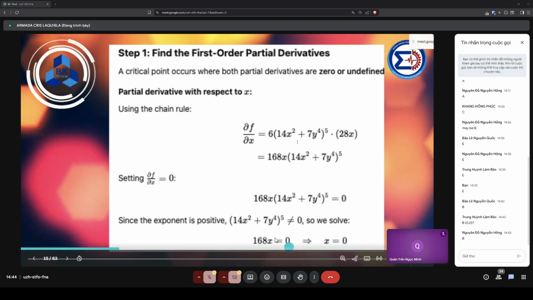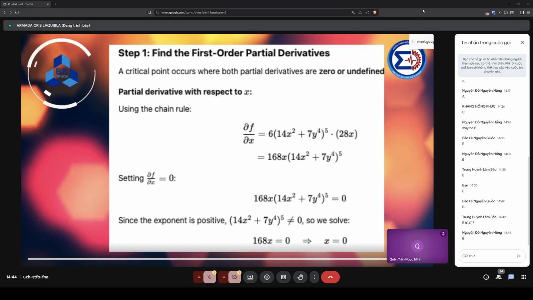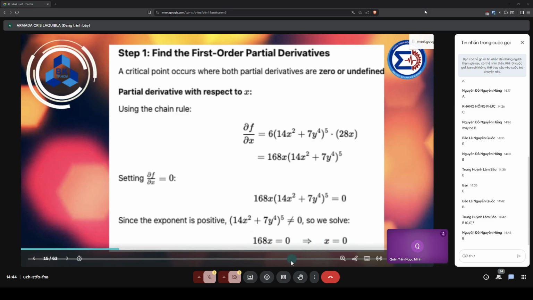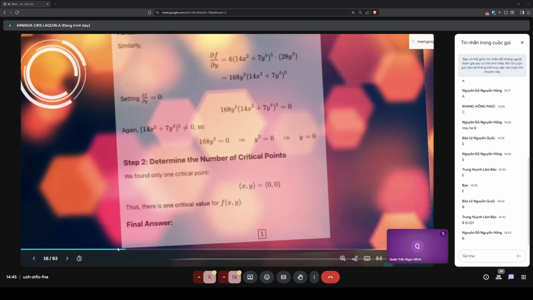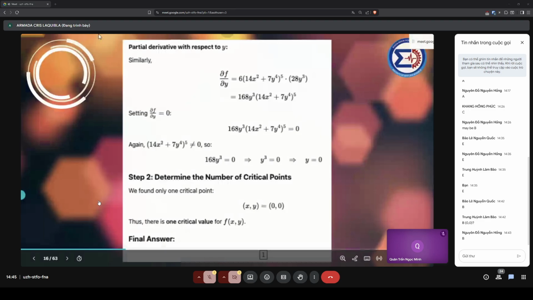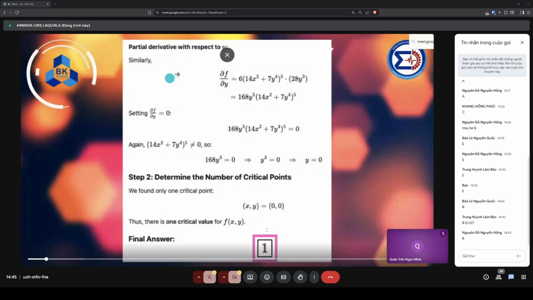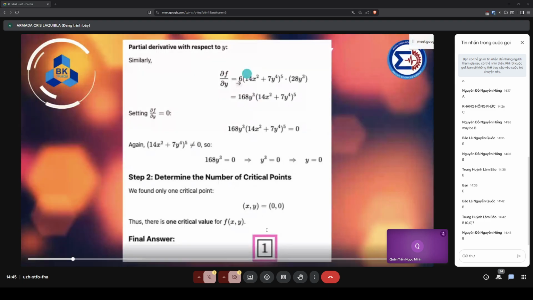Okay, so since we solved already and x is equal to 0 here, we pair that with the value of your fy there. Okay, so we solved a value which is x is equal to 0. Next, for your fy, we have this one, 6 times this. Now multiply the derivative with respect to y.